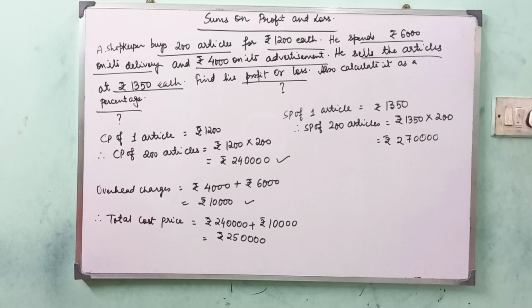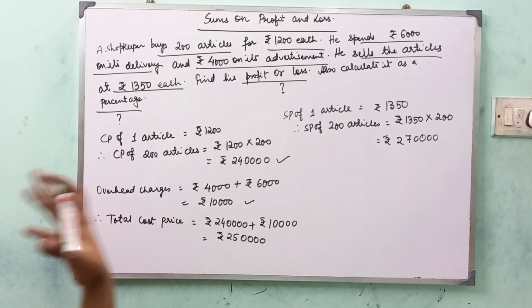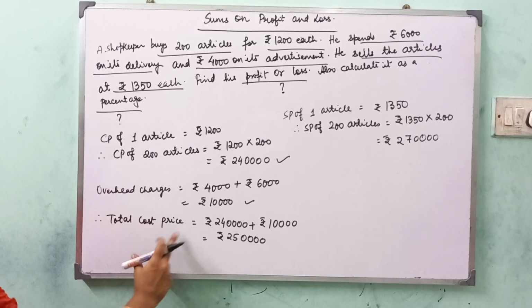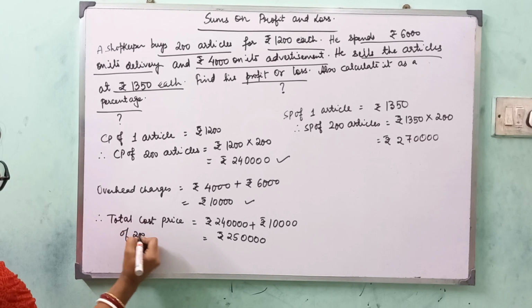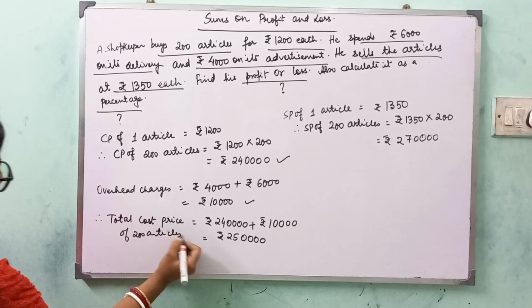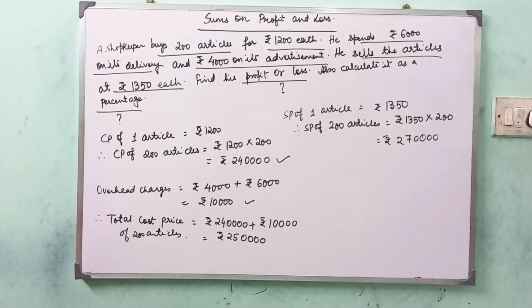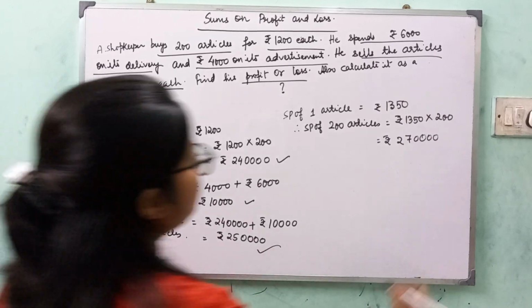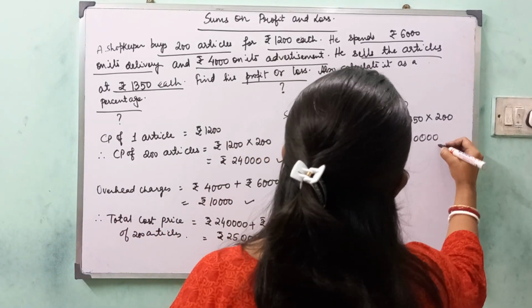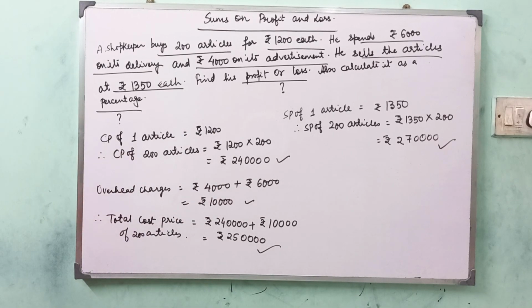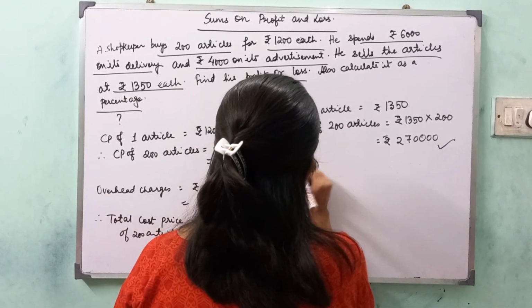Now whenever you are asked to calculate the profit and loss, you will check the selling price and the cost price of 200 articles. So total cost price of 200 articles is 2,50,000 and the SP of 200 articles is 2,70,000.